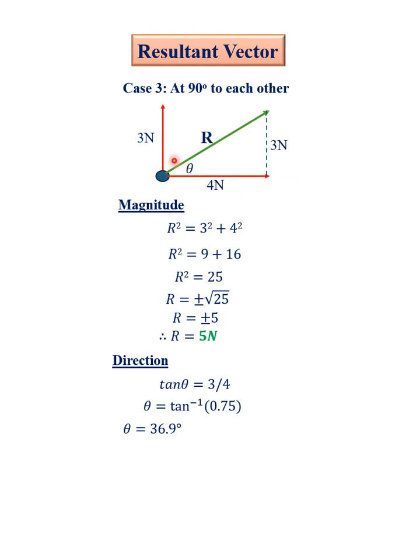If you found your theta at this point, it will be the angle it makes with the vertical. So I'm going to describe my direction as theta equals 36.9 degrees to the horizontal. If you found your angle here, your direction would have been whatever it is to the vertical. So this is the direction of the resultant vector, and 5 Newton is the magnitude of the resultant vector.